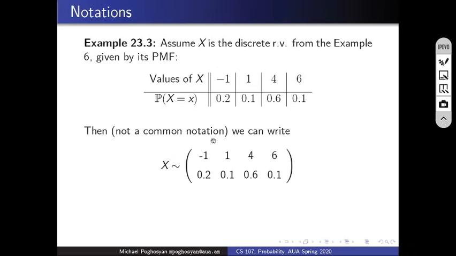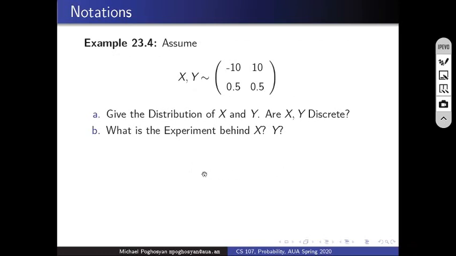This is not common, but very useful to use: x is coming from this distribution. We write it like a matrix. On the first row we have the values, and on the second row we have the corresponding probabilities. So this is the same as writing that, but with this notation.